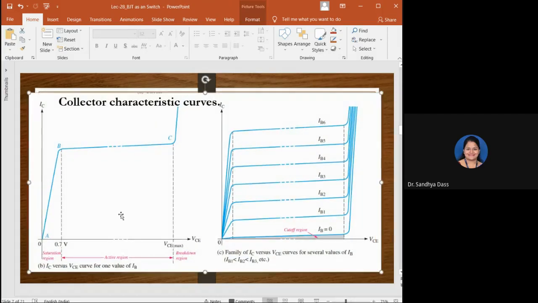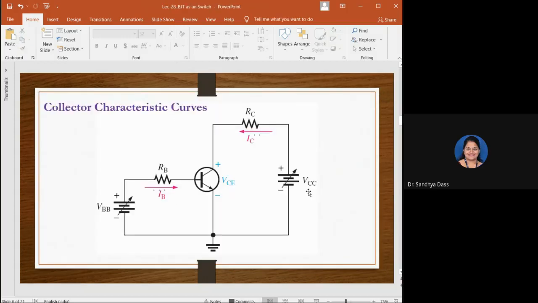All right. So observe here, for one particular instance, for one particular base current. Say we have varied VBB and adjusted it for one particular base current. For a particular value of base current, if I vary VCE, in the x-axis we have VCE. Now how do I vary VCE? By varying VCC, right?